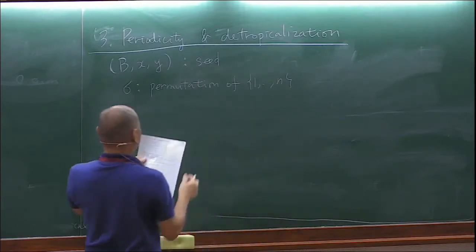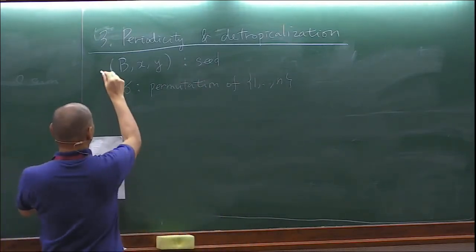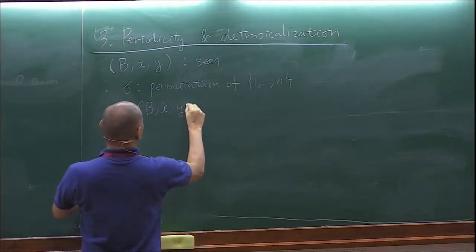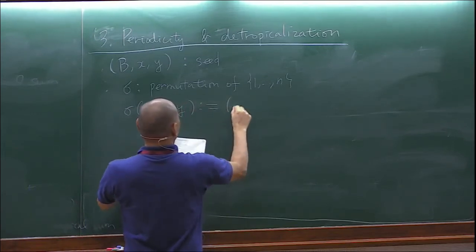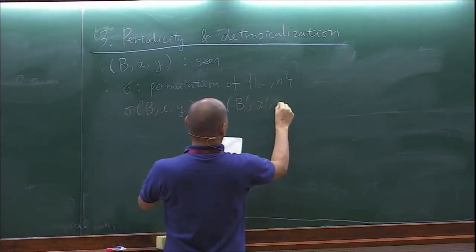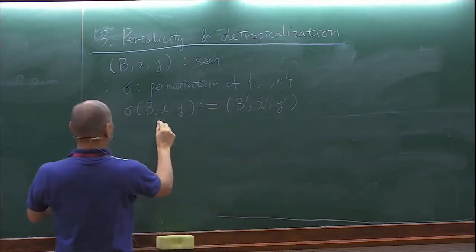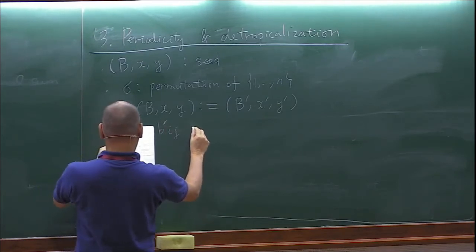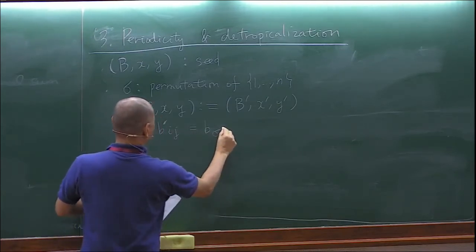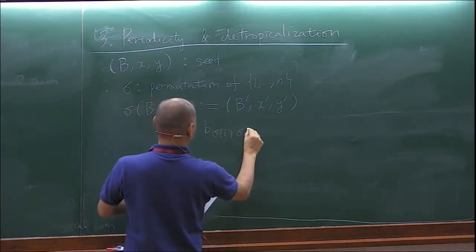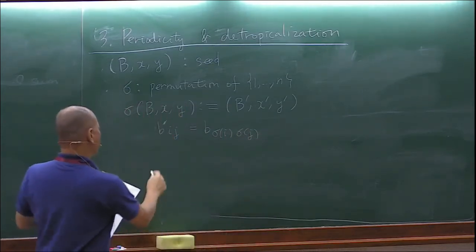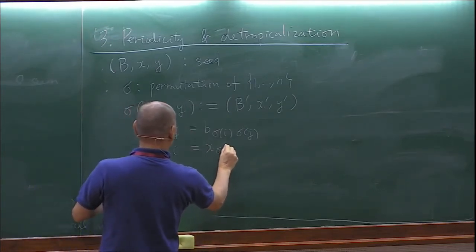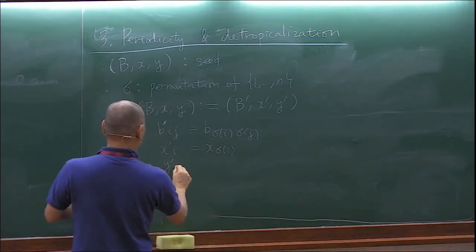So n is the rank of a seed, and we suppose we have a permutation. Then we define the action on the new seed, which is determined by B prime ij, so everything is given by the permutation of indices of B, X and Y simultaneously.